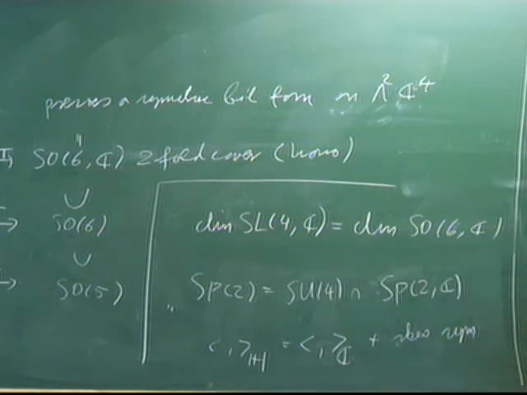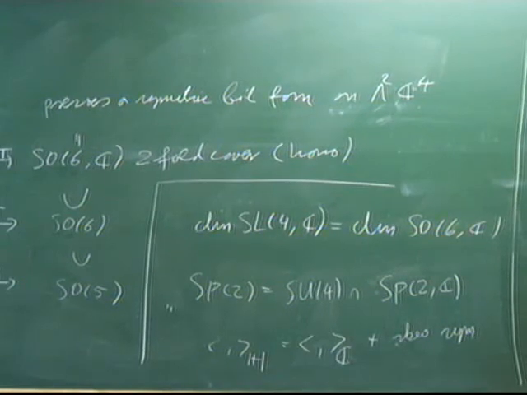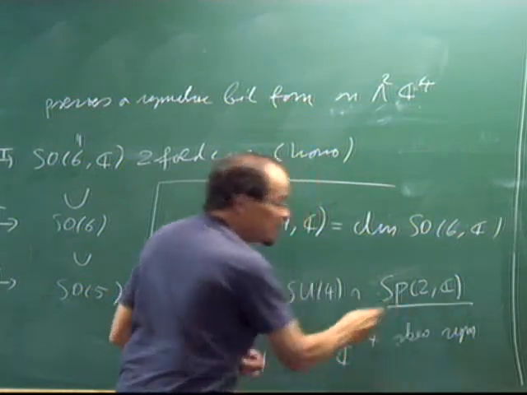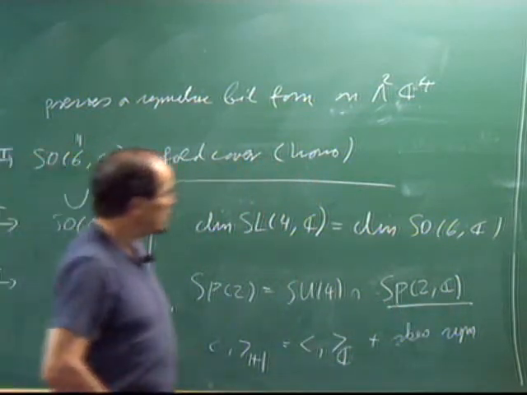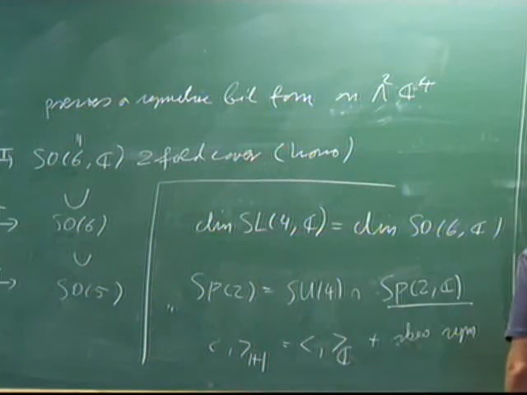So what does that mean? That means I have another structure. So if A lies in SP2, I have another structure, and it lies in here. Right, so it means there exists, let's call it omega, skew symmetric, and A preserves it.